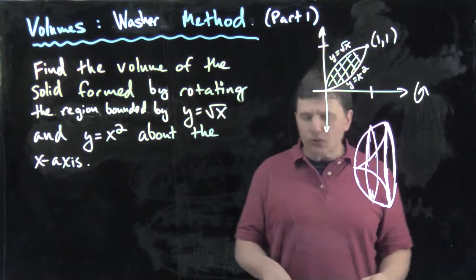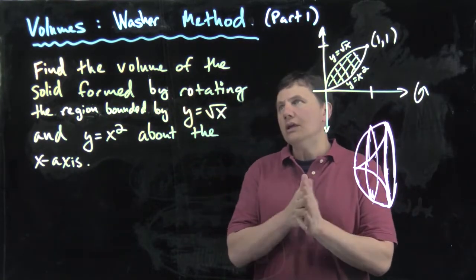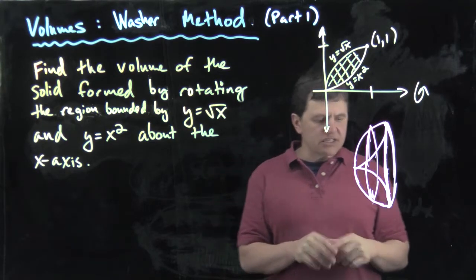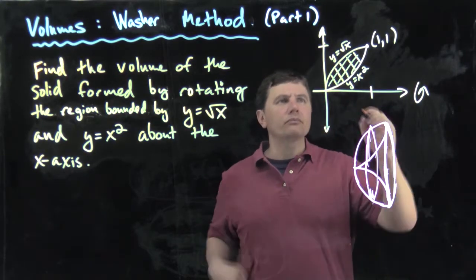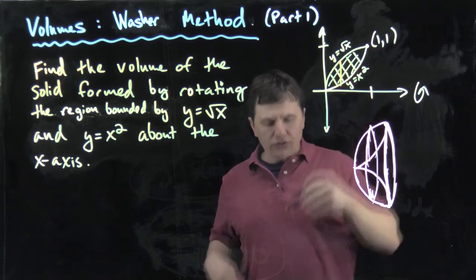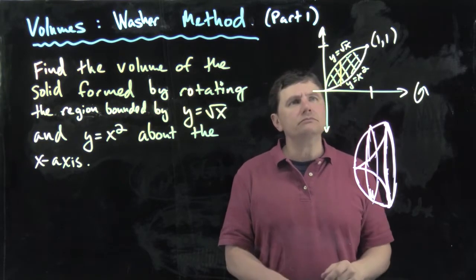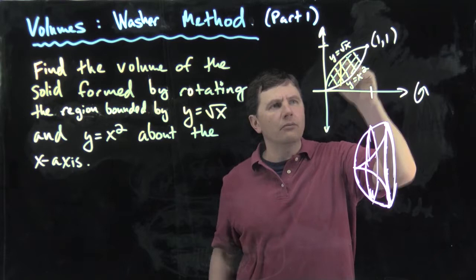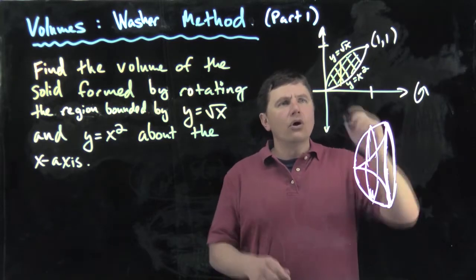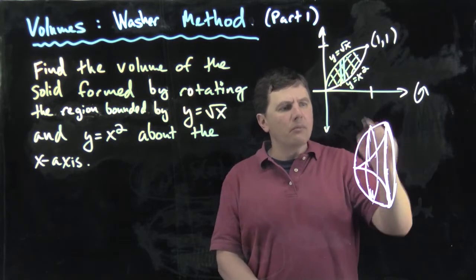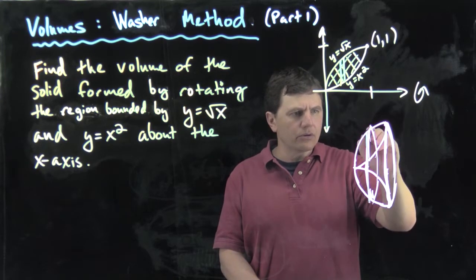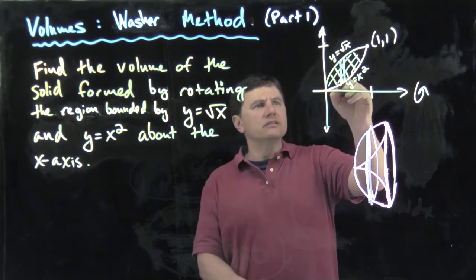All right, so similar to what we did with the disk method, we're going to slice this up into an infinite number of cross sections here. So imagine if I slice this up here, okay, and brought this out.